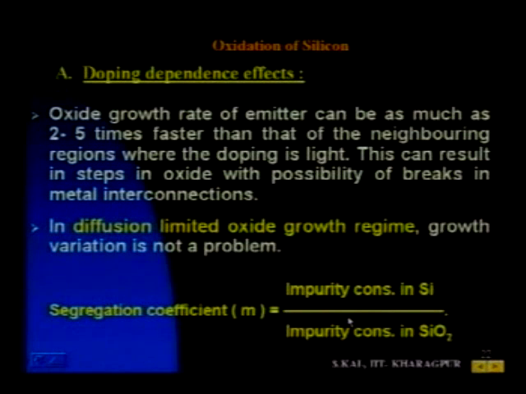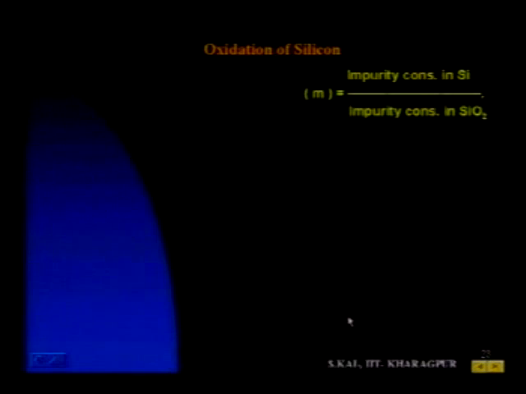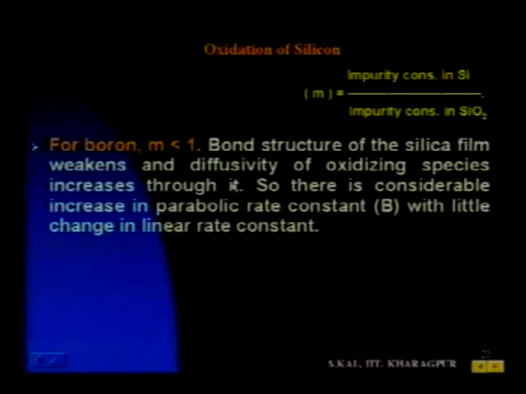Now we will see, for boron, M is less than 1. So if M is less than 1, then what happens? You see, M is less than 1 from this expression. That means the impurity concentration in silicon dioxide will be more than in silicon.